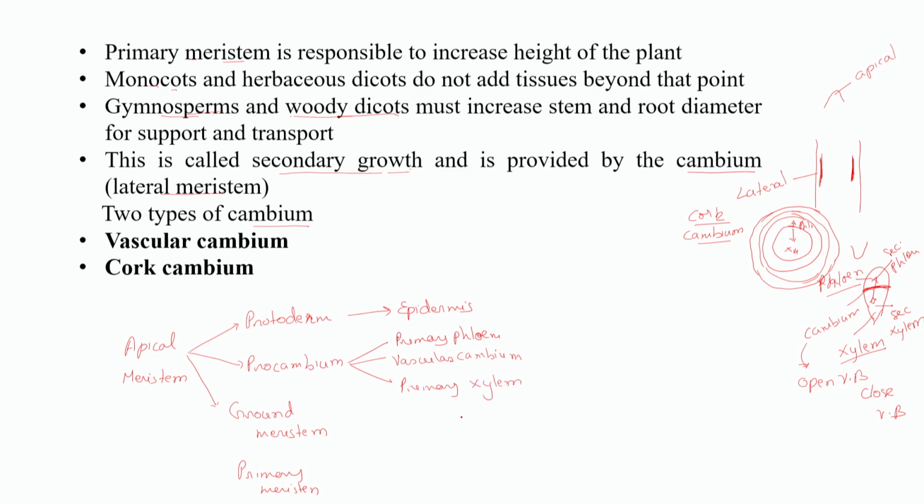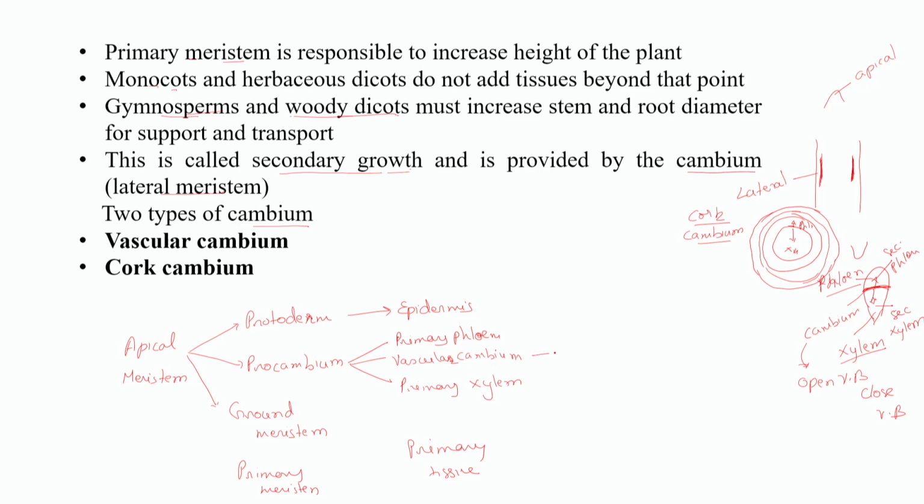So, they are also primary tissues. This primary meristem gives rise to primary tissues. So, actually you can see here that vascular cambium is a primary tissue, meaning primary tissues are those found from the early developmental stages, and they will be present till the end of that plant.